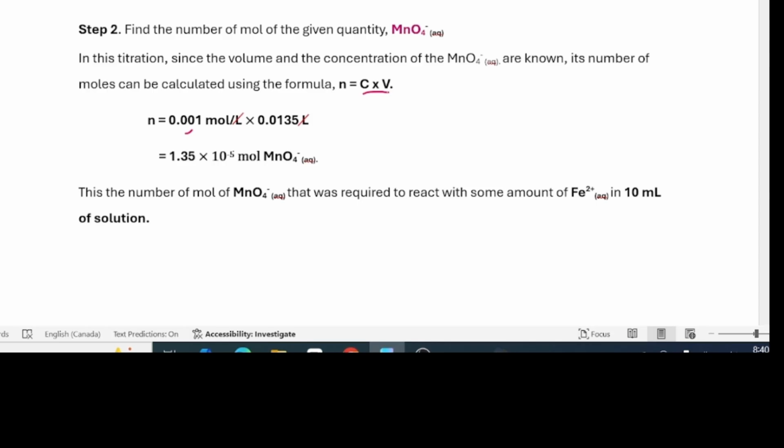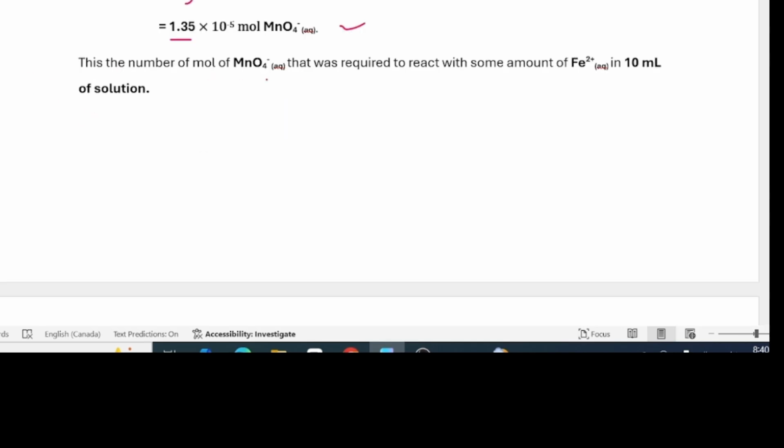It is found by using this formula, n equals C times V, which is this times this. The number of moles of permanganate in each trial was found to be 1.3 times 10 to the negative 5. And this is the number of moles of permanganate that is required to react with the amount of iron that is present in 10 milliliters of the solution.